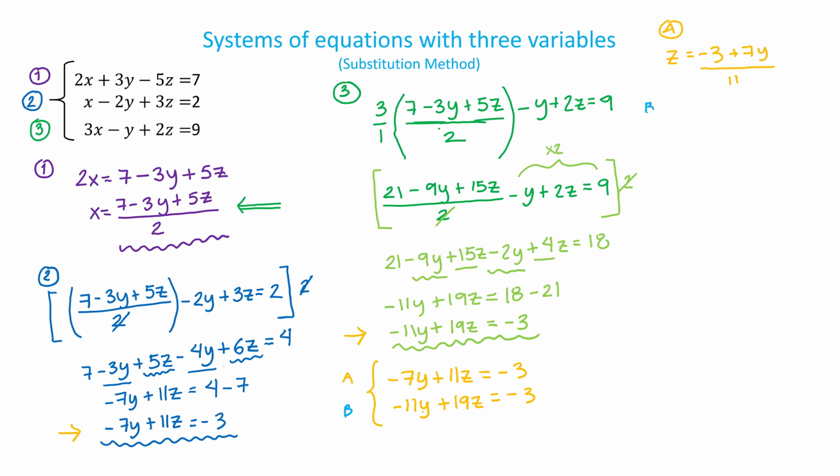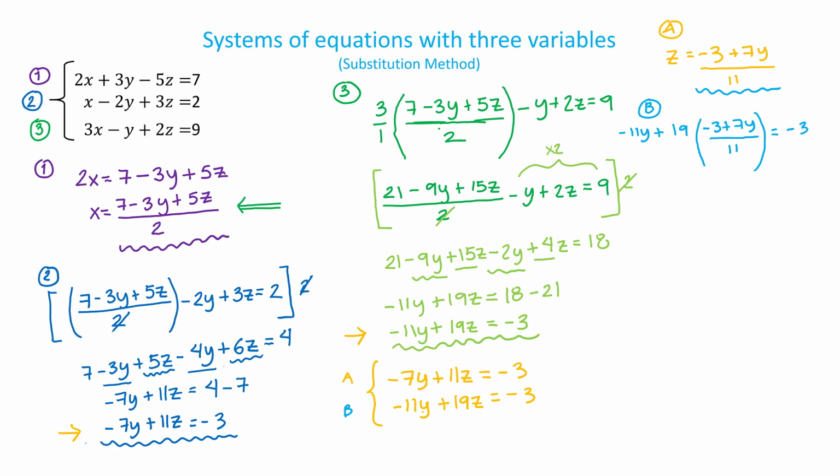From equation B, I get that minus 11y plus 19c, but I know now that c is minus 3 plus 7y over 11. I got that from here, from c, equals minus 3.